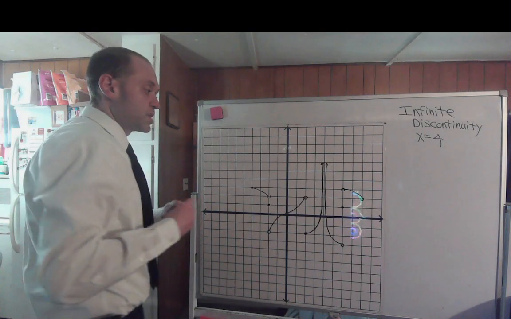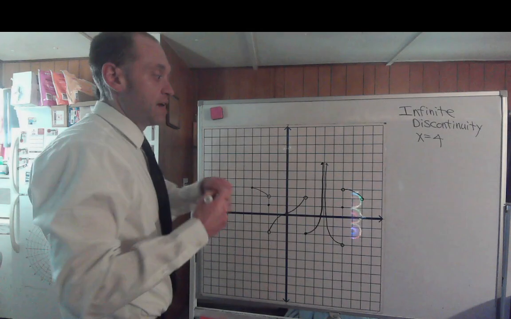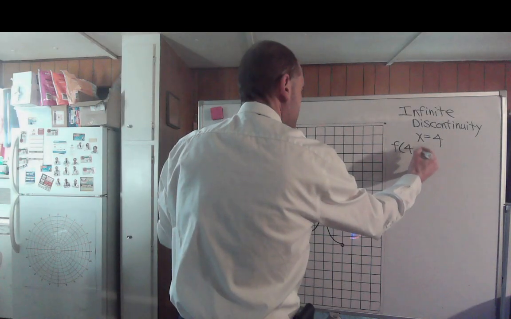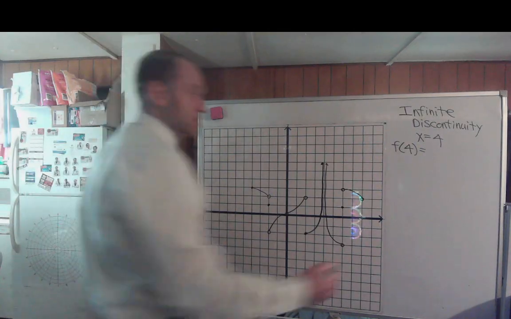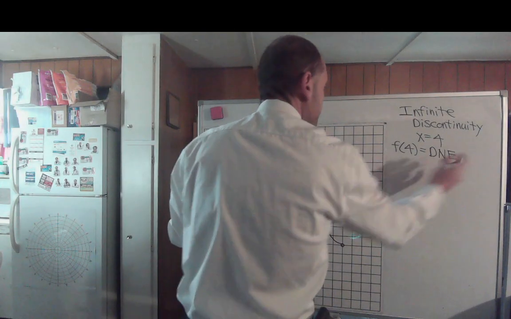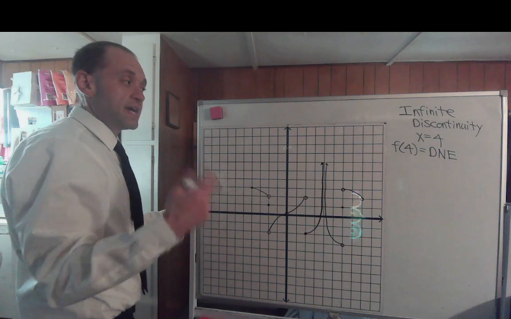Now, the first question we have to answer is: is the function defined at this value, f of 4? Well, infinite discontinuities, again, are caused by vertical asymptotes, meaning the function's not defined there. So in this case, f of 4 does not exist. But what we can do is take the limits.